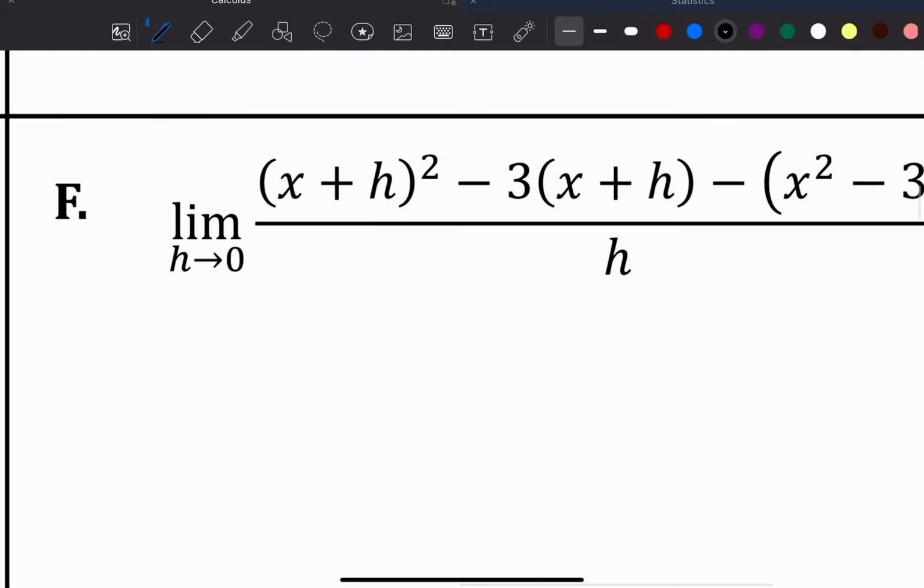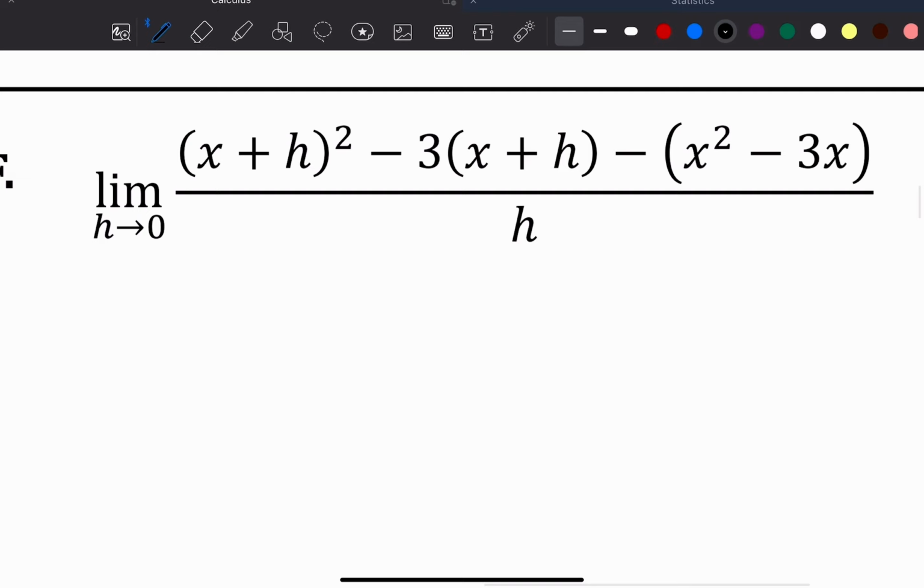Okay, F. F should look familiar from when we did our pre-assessment at the very beginning, and this is the definition of a derivative. However, what we need to try to do here is cancel the h out, so when we plug in as h approaches 0, we don't end up with something that is undefined.